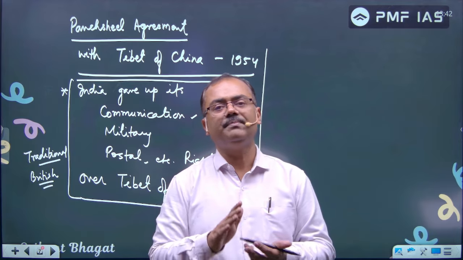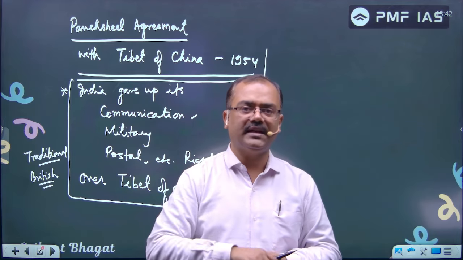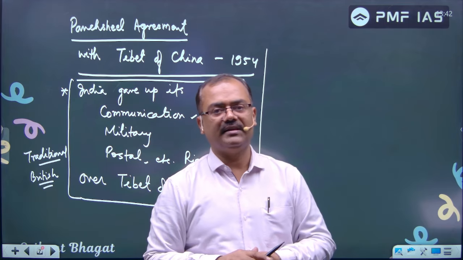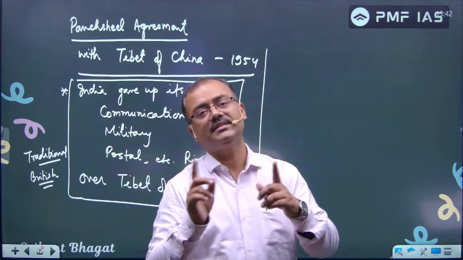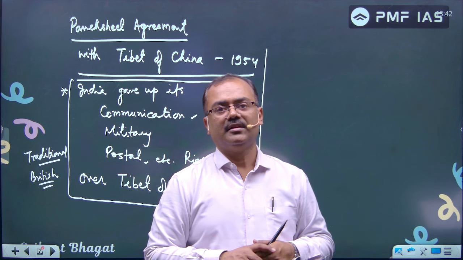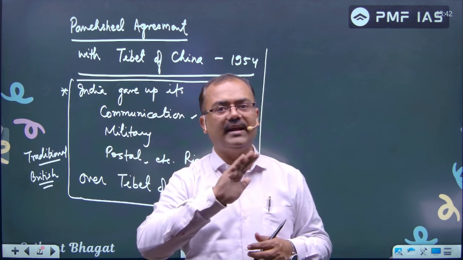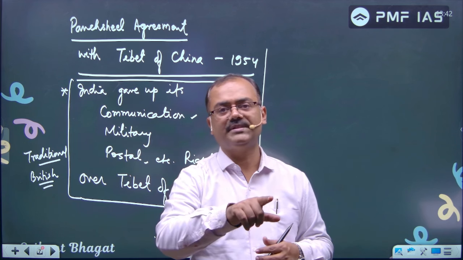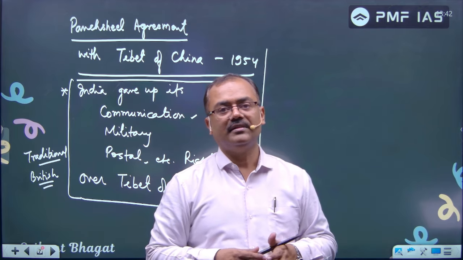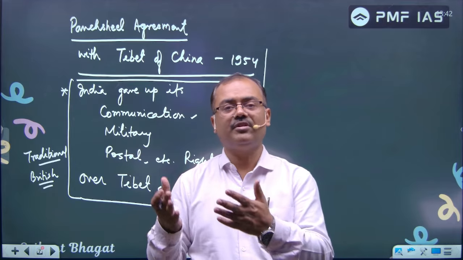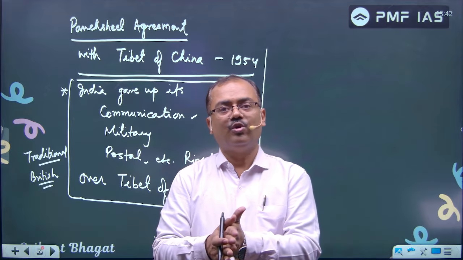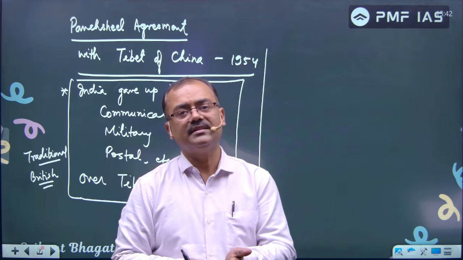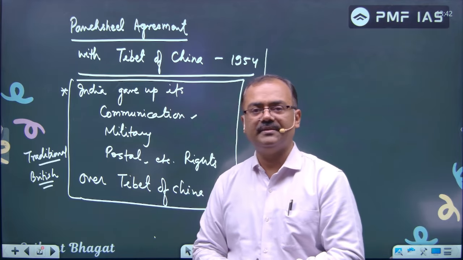India wanted that People's Republic of China should also be recognized. It should be given status in the UN. India was fighting for China's status in the UN. People's Republic of China had no status in the UN. Republic of China was having a membership in the UN. Nehru is fighting for China's membership. On the other hand, China is not recognizing India's stand of the Panchasheel.